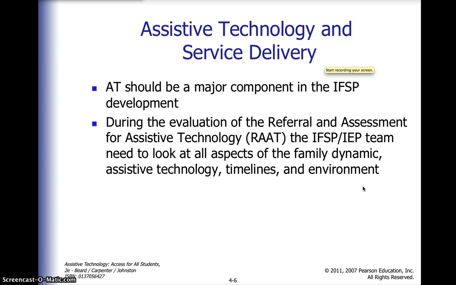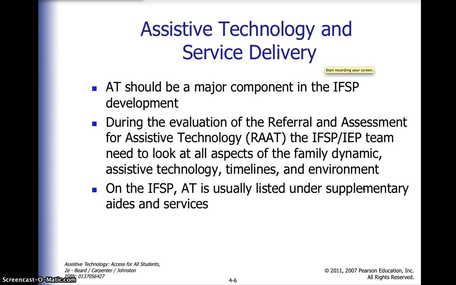During the evaluation of the referral and assessment for assistive technology, the IFSP, IEP team need to look at all the aspects of the family dynamic, assistive technology, timeliness, and the environment. Again, that's the adaptations framework we were talking about that they suggest in Figure 4.1 in the textbook.